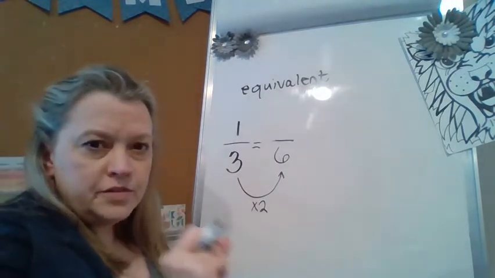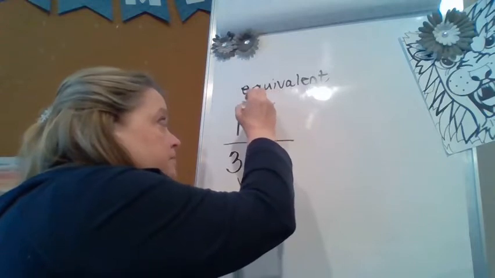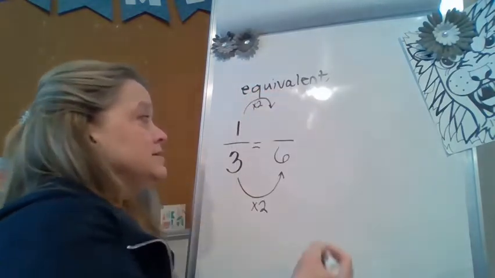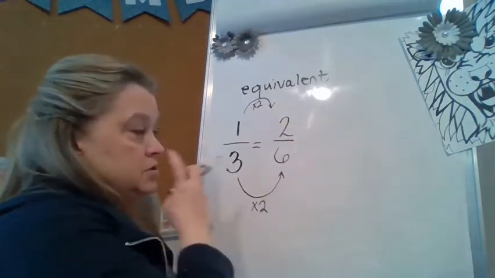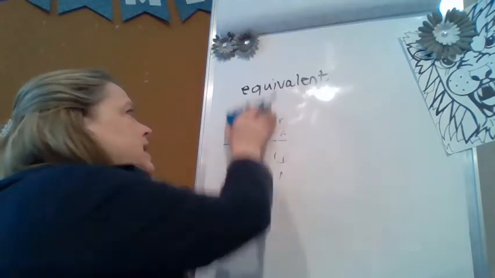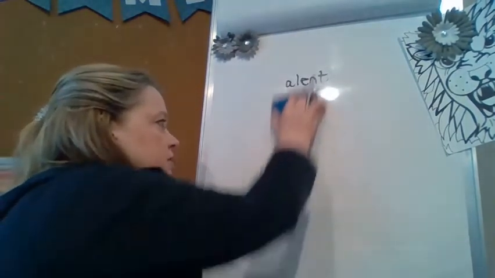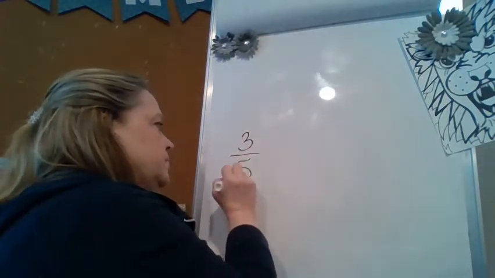Now, in order for it to be equivalent, we're going to do the same thing to the top. 1 times 2. 1 times 2 is 2. 2/6. They are equivalent.